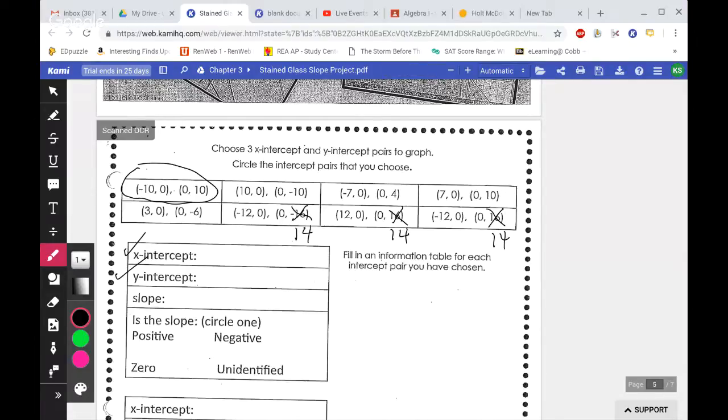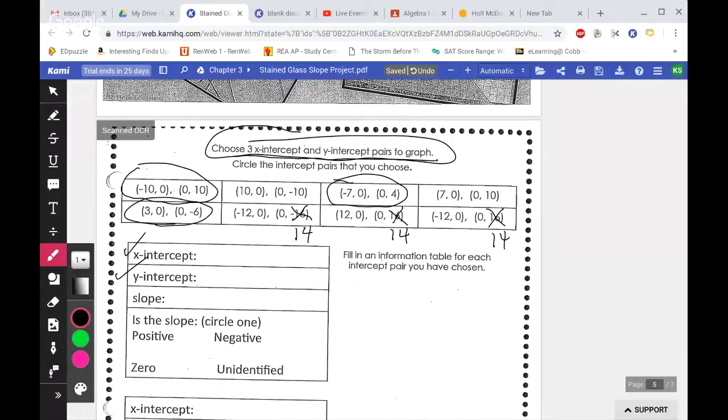Okay? Each set of these points, Mary Faith, are x and y intercepts. So you're to choose 3 sets. Each one of these is a pair. And you're to circle the intercept pairs that you choose, just like I've done here.